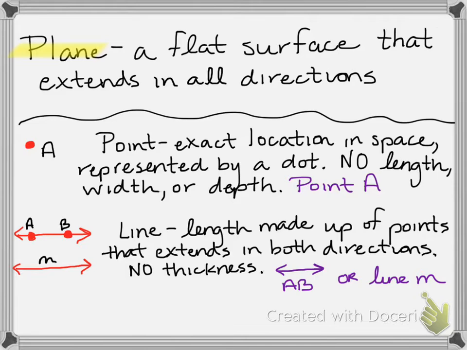All right, the first thing we can draw on a plane is a point. A point is an exact location in space. It's represented by a dot. It has no length, no width, and no depth. So it's just a dot. You can't measure how long it is or how wide it is or how deep it goes. It is just a dot on paper.